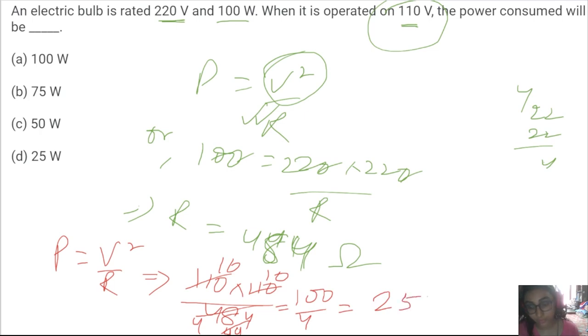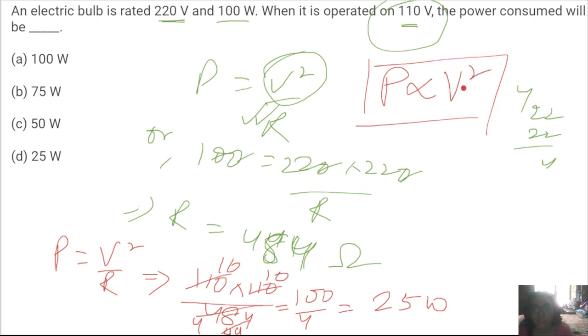Okay, so this was when we calculated the whole thing, but in most competitive exams you won't have the time to calculate, right? So what you have to remember is the direct relation between power and voltage. So power is directly proportional to the square of voltage. So here you have decreased the voltage by half.